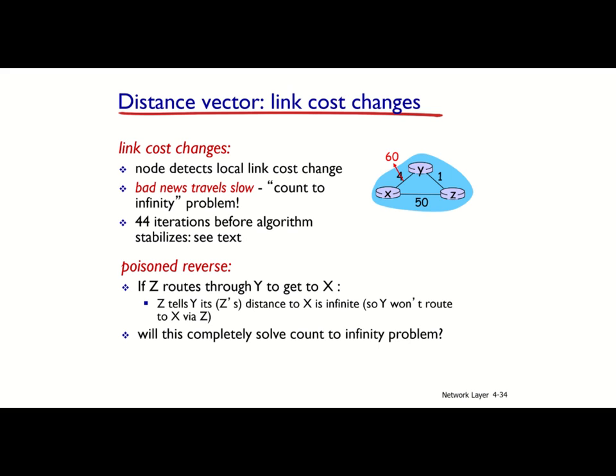So if you compare it to the other slide's link cost change, on the other one we had only 2 iterations before the algorithm stabilizes. Here we have 44. So as you see, the bad news travels slower than the good news in distance vector.